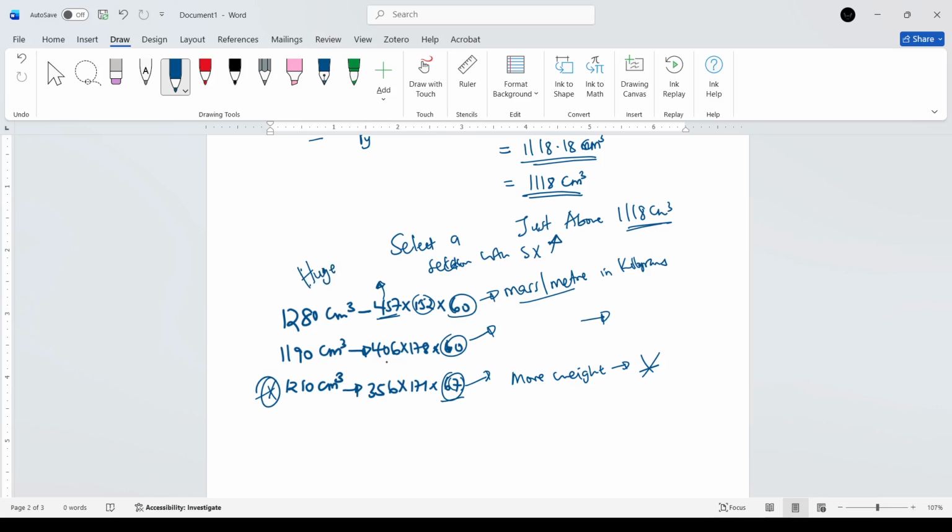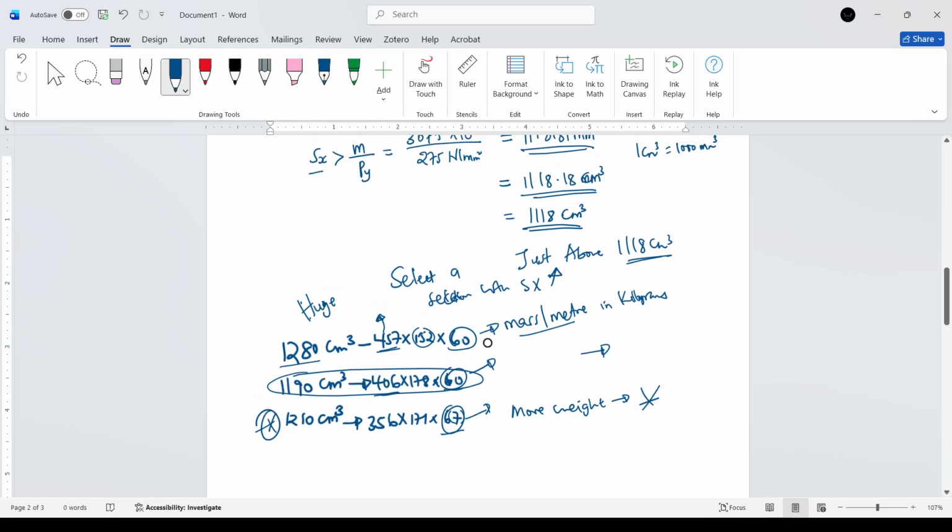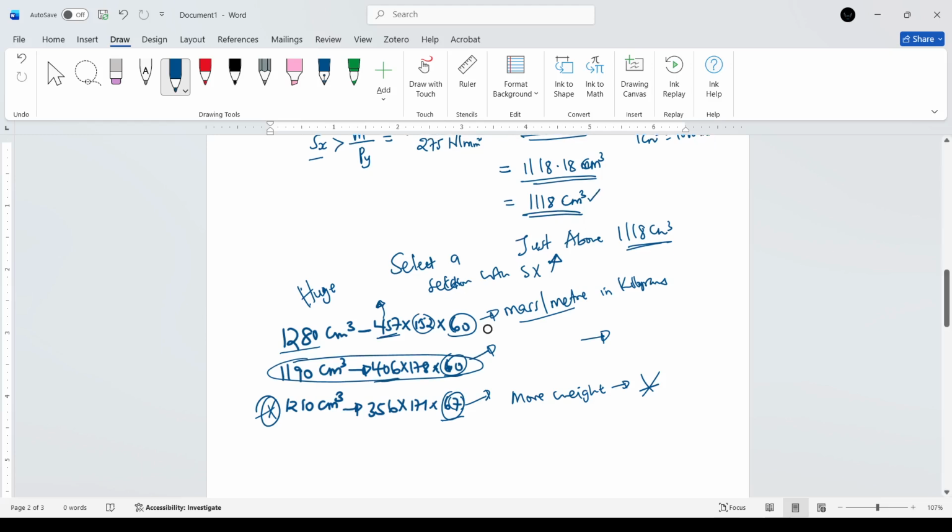This is huge as compared to 406, and they have the same weight. So we would prefer to go with 1190 because pia haiko the extreme. 1280 is far much farther than 1118. So this is more close. So we are not wasting. We want to avoid wastage. We are looking at the economy of space, also economy of matter. Yeah, mass per meter.